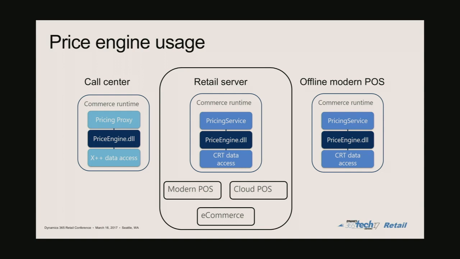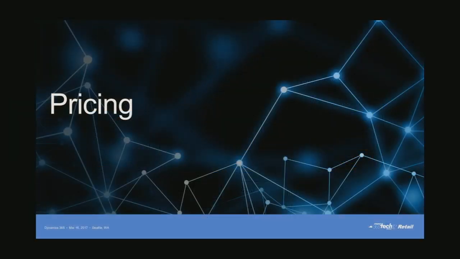So it's kind of a shim or a proxy that replaces the CRT data layer. And I say that just because, at some point, if there's a problem, it's possible it would be in one of those bits so that you wouldn't see it everywhere. So with that brief, this is what I'm talking about, the price engine.